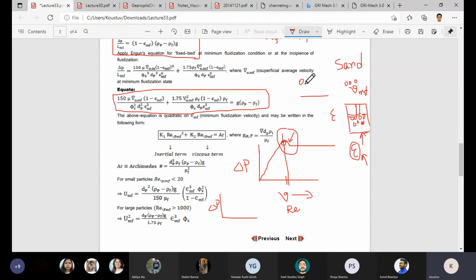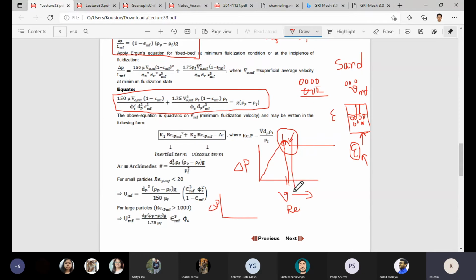That means when the first few layers of the packing material are about to move, and the others have not yet moved, the others remain almost static. Now this will happen in a very small range of V, not a very high range, right?